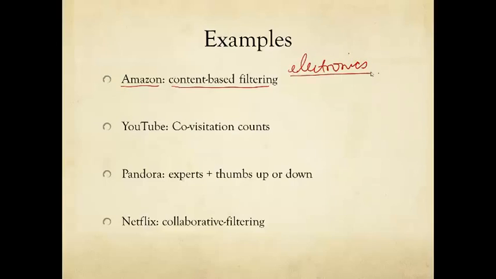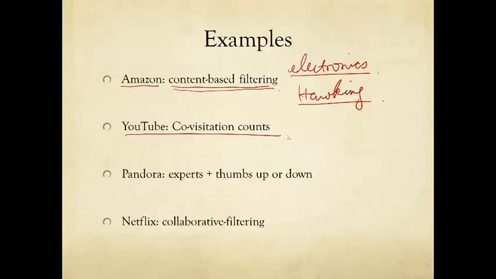If you buy a book written by Stephen Hawking, then they will try to recommend new books by Stephen Hawking. That is called content-based filtering. Look at what you bought, what you liked, and then recommend accordingly.